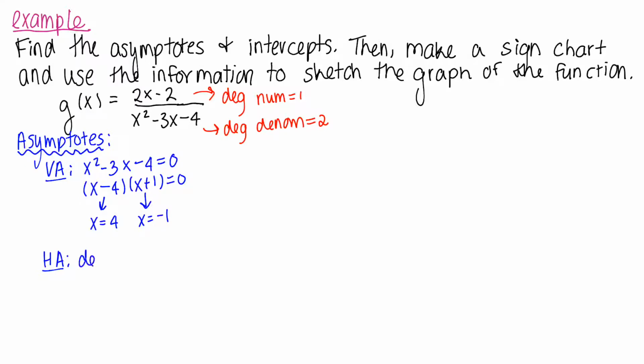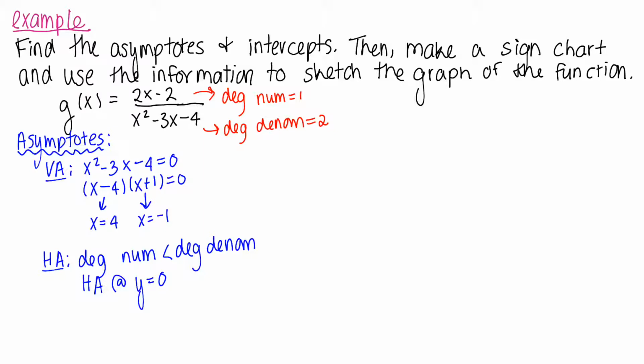So the degree of the numerator is less than the degree of the denominator, which means that there's going to be a horizontal asymptote at y equals 0.